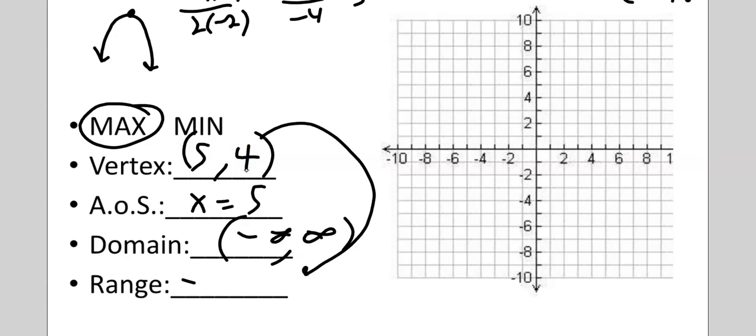Okay, so with the range, this time it's going through, 5, 4 is the top. That means that is as high as it's going. So it's going towards negative infinity and coming up and hitting at 4 with a bracket.